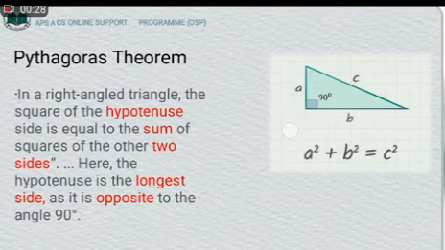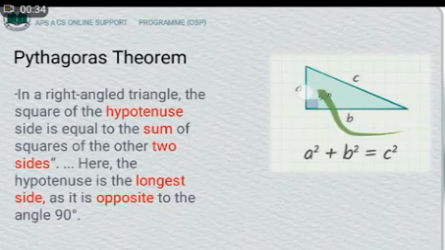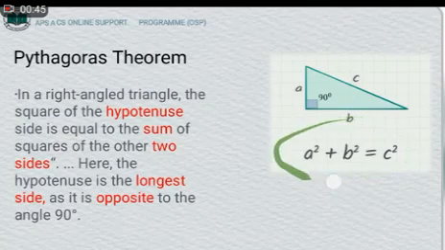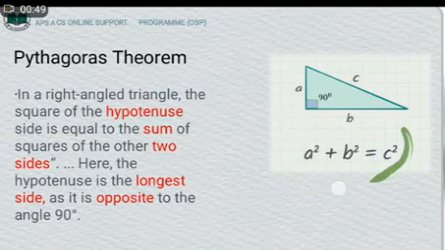You can see in this right angle triangle we have a 90 degrees angle here. The side opposite to this angle is the hypotenuse. This is perpendicular and this is base, and this is the mathematical representation of Pythagoras theorem, which is hypotenuse square is equal to base square plus perpendicular square.